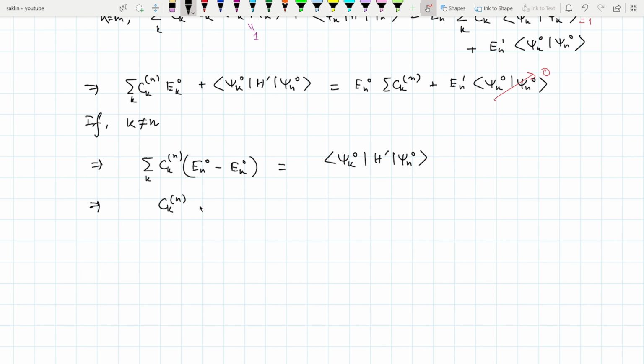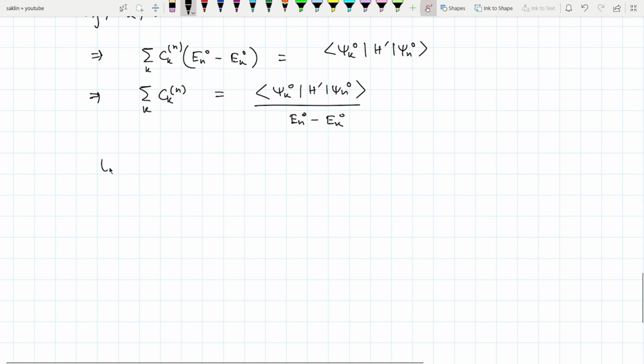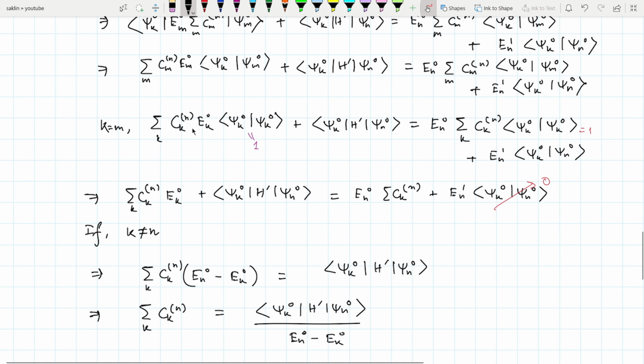From this you can write this term like this. Then we can say that the first order energy correction will be written as Ckn psi k0. Yes or no? We can take m also, no problem. Here you can take k equals m also, no problem.